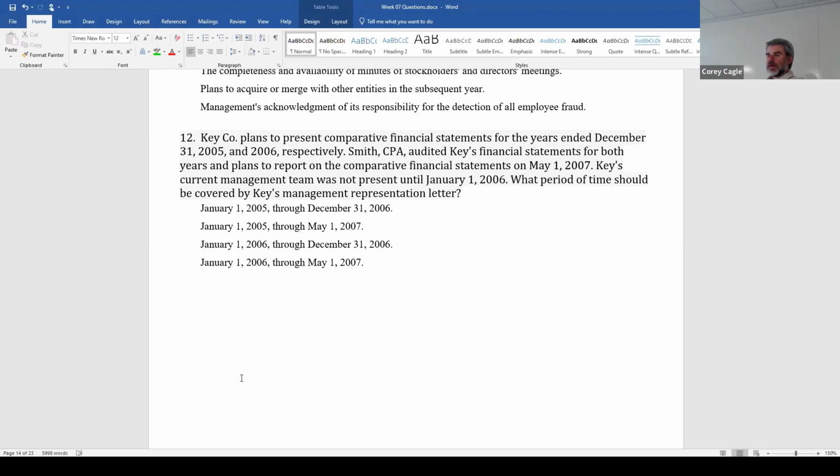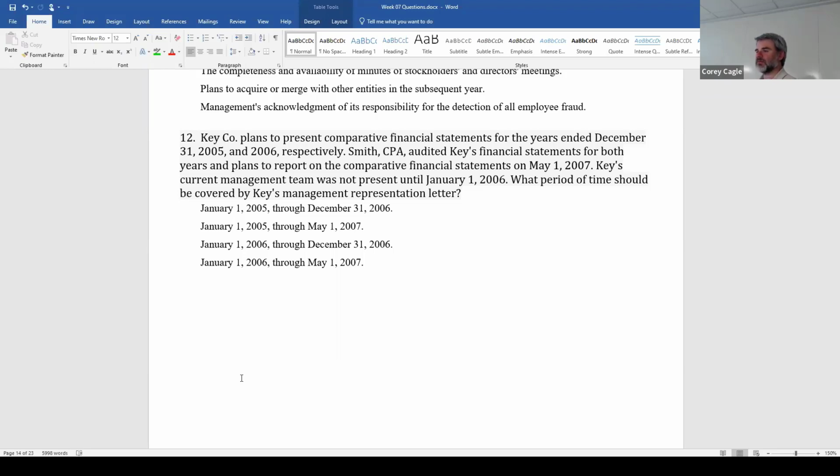Smith is the CPA doing the audit of both of those years, and they're going to report comparatives, and the report date is May 1st of 07. Very straightforward so far, but Key's current management team was not present until January 1st of 06. What period of time should be covered by the management rep letter?